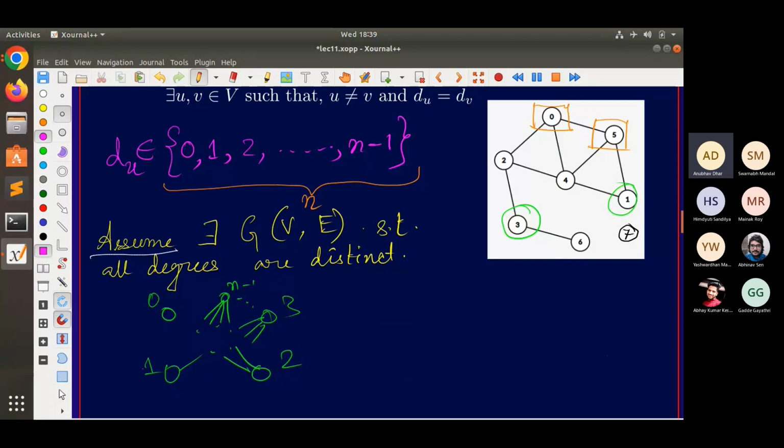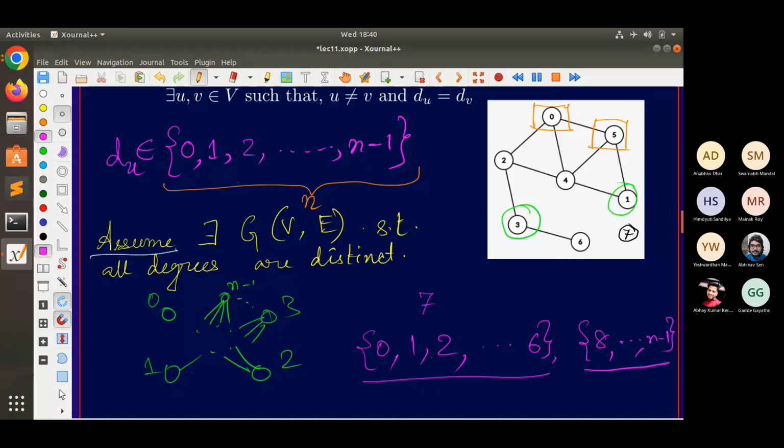I mean, why must all of these degrees be present exactly once as degrees of vertices? Well, let's say if 7 is not present, then the range of degrees will be from 0 to 6, and then 8 to n minus 1. Okay, but there are n minus 1 total values over here, right?